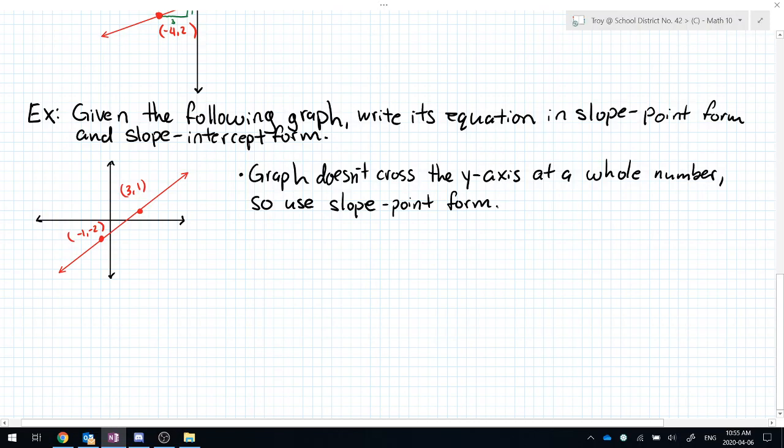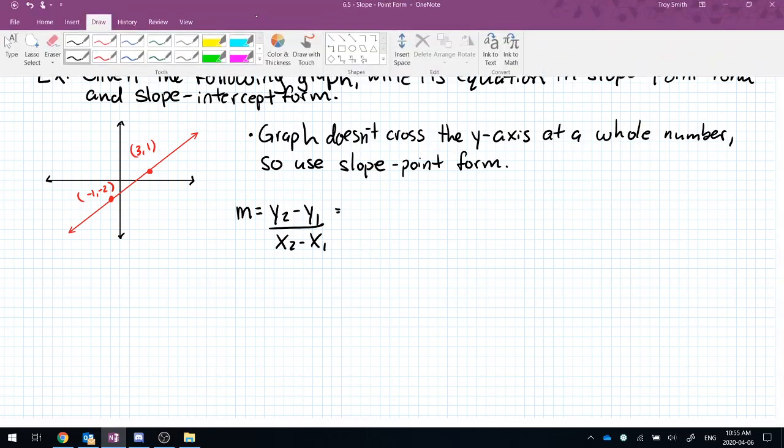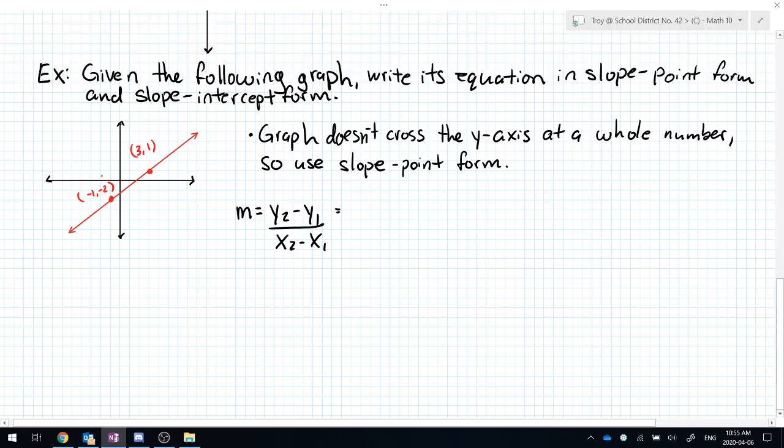All right. So first thing we want to do is find our slope. That's our m value. We're going to need that regardless of which form we're going to use. So we should remember our formula for slope: y2 minus y1 over x2 minus x1. We'll use this point down here for our first point, so this will be x1, y1, and this will be x2, y2 over there.